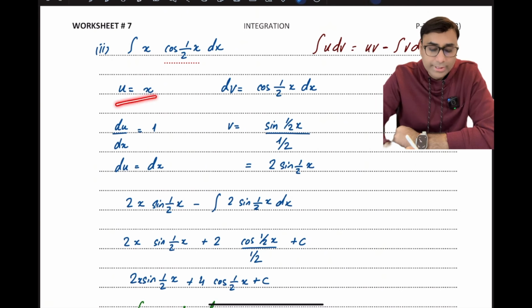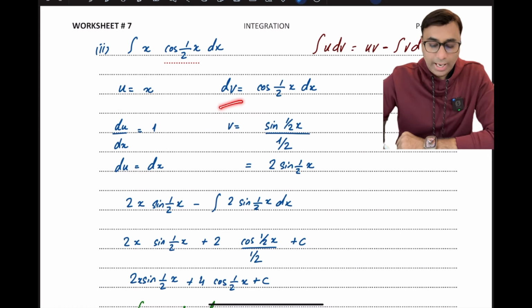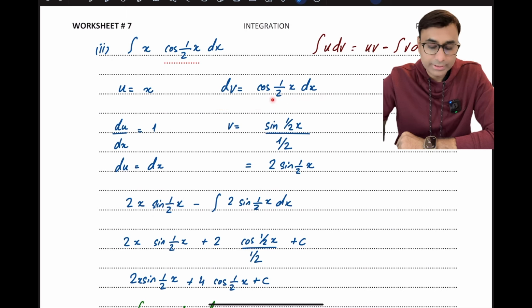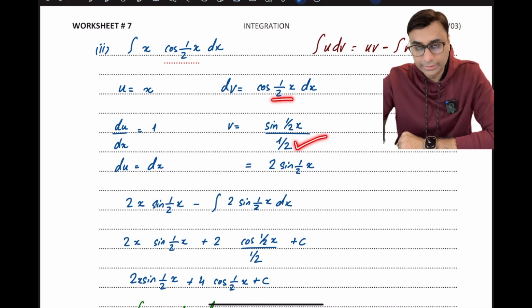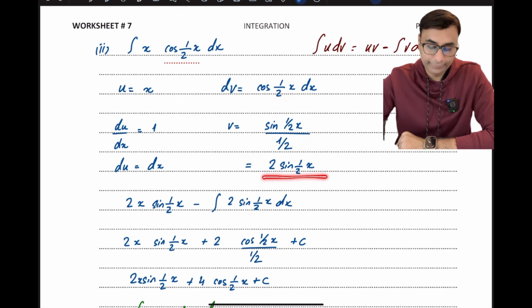So I suppose u as x, and I find du from there, and I suppose dv as cos half x dx, and I will integrate that using the formula of integration. Since there is a half as a coefficient of x, that will divide the integral result as per the formula. So this becomes 2 sine half x.